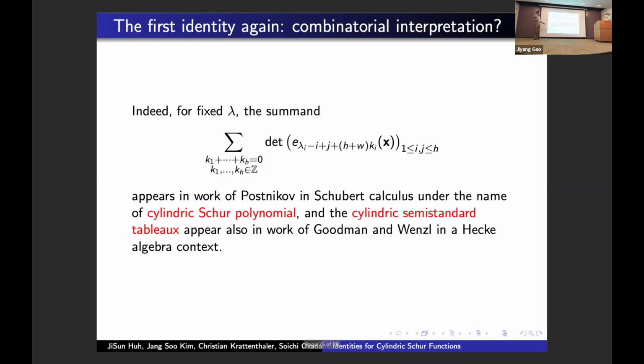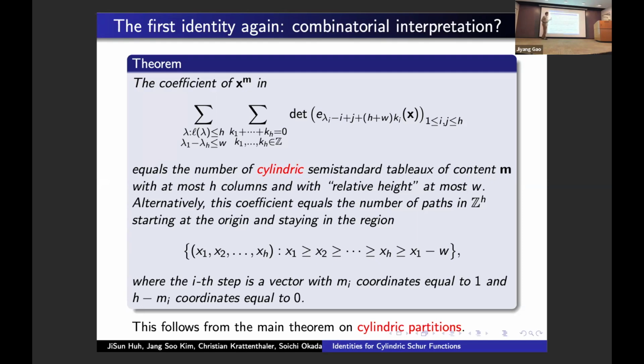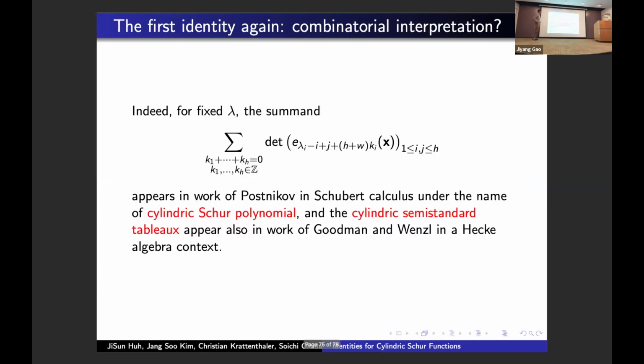As a matter of fact, if you forget about this outer sum here, just look at this. This appears in work of Postnikov on Schubert calculus, and he calls it cylindric Schur polynomial. And it also appears in the paper of Cooper and Wenzel on the Hecke algebra.